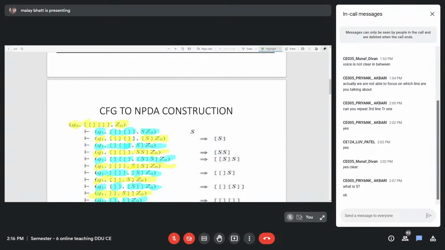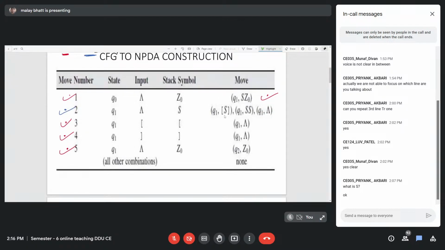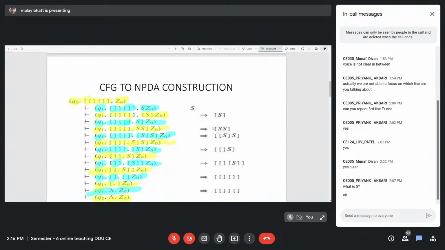Otherwise, you have three different branches at this level. Clear? But I am showing only the correct path. So we are replacing S with opening bracket S closing bracket. The reason is we need an opening bracket, so we'll select that rule, which is the correct path.